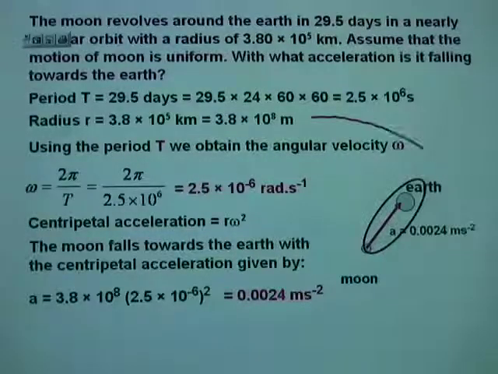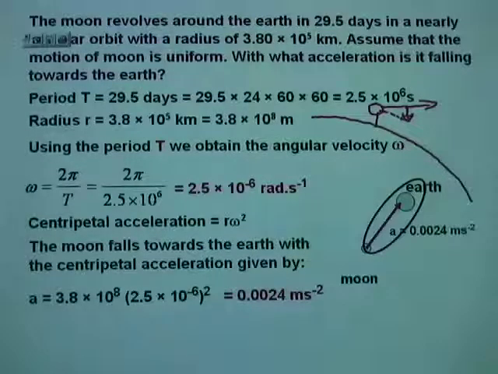If this is the surface of the earth, the moon has two types of motion. It has a linear motion and it has a motion towards the earth. Now what happens is, as the moon goes away, it also is falling. Now look at the amount of fall.